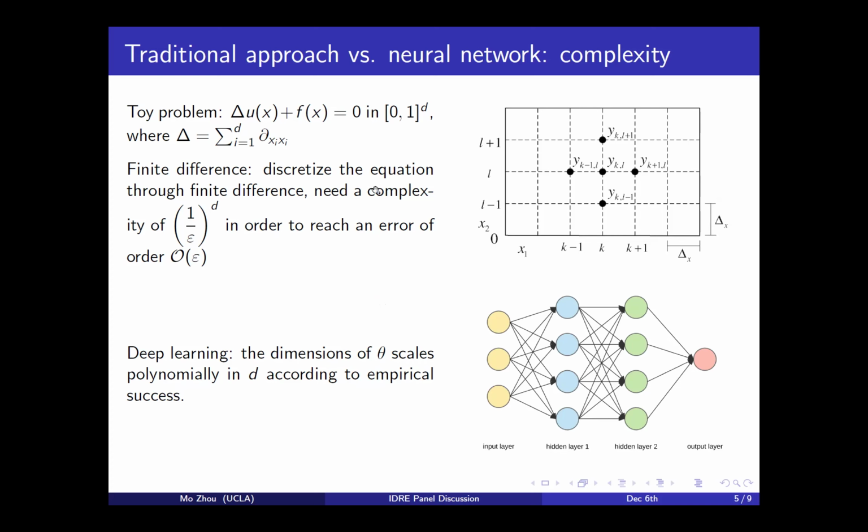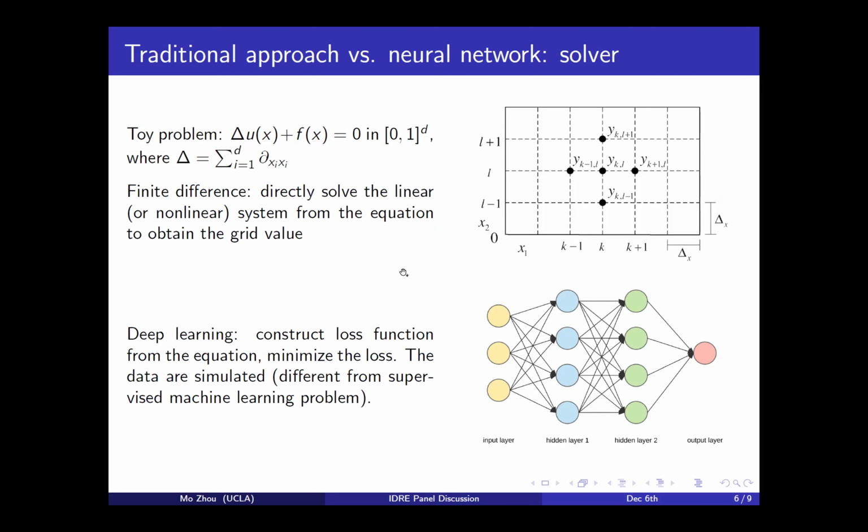Okay, so in terms of complexity, neural networks have reduced the cost, and another thing that is different is the solver. Traditionally, when we formulate a problem, we directly discretize the problem we have in the continuous space and solve it directly.